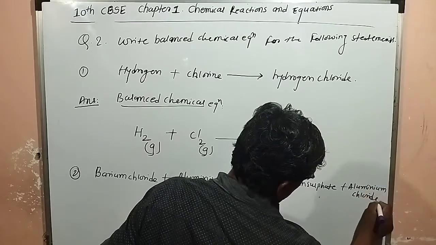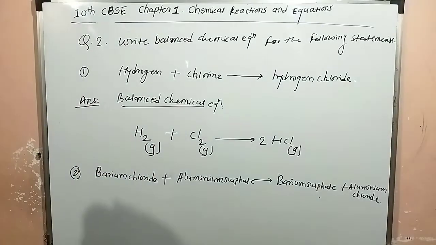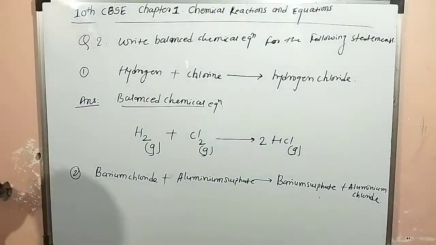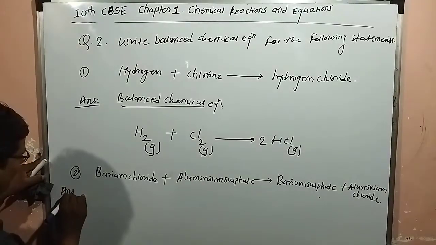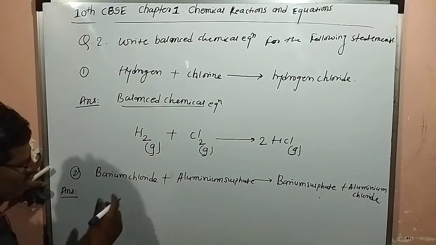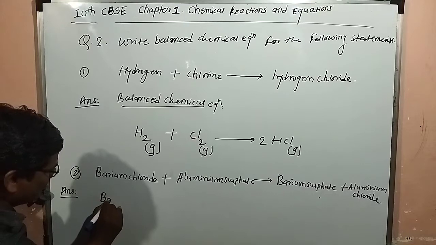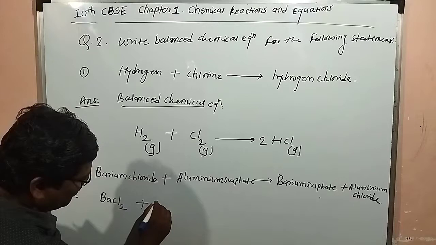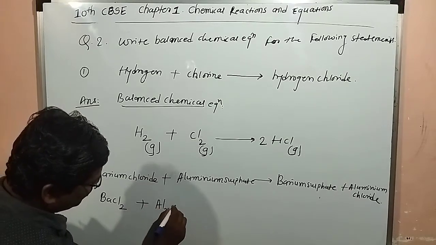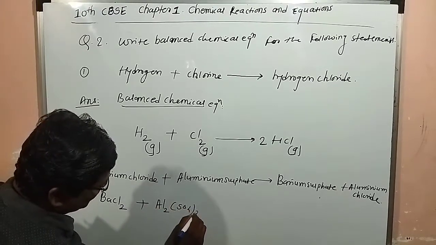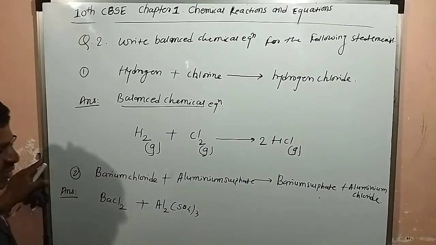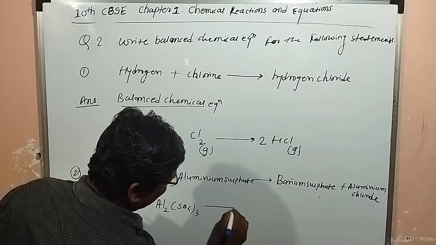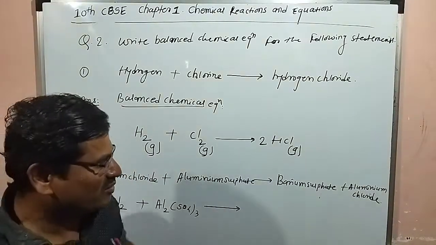Aluminium chloride. So this word equation is given, and we have to write its balanced chemical equation. So we'll write in the form of an answer. For barium chloride, we will write BaCl2 plus aluminium sulfate, Al2(SO4)3, that is the chemical formula, and it gives barium sulfate.